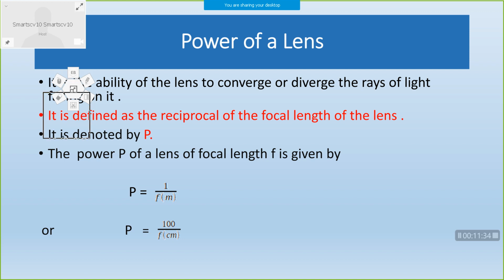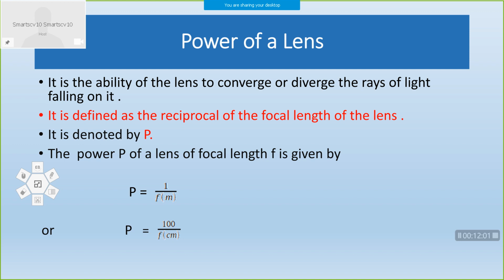It is the rate of doing work, or the rate at which work is done by an object is known as power. So here, what work is the lens doing? You know, a convex lens will converge the light that falls on it, and a concave lens will diverge the light that falls on it.